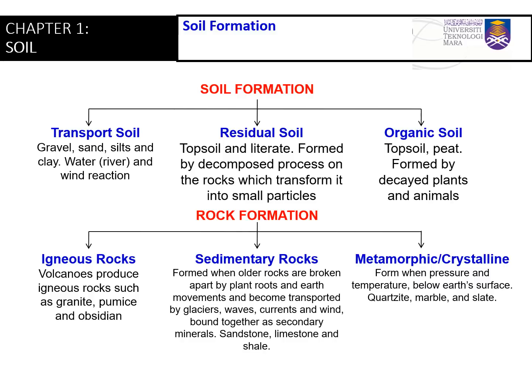Soil can be formed from different processes. For example, here it says transported soil. So soil can be transported by wind or water.